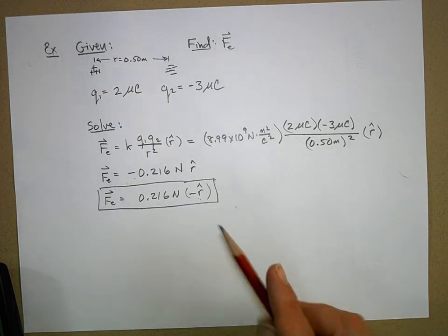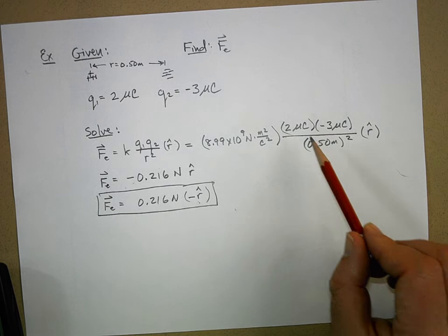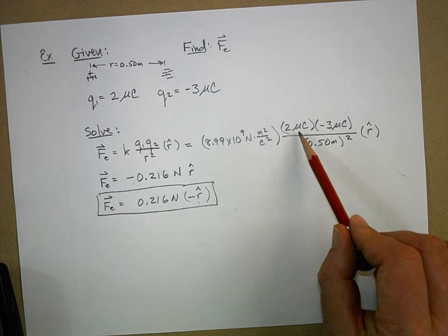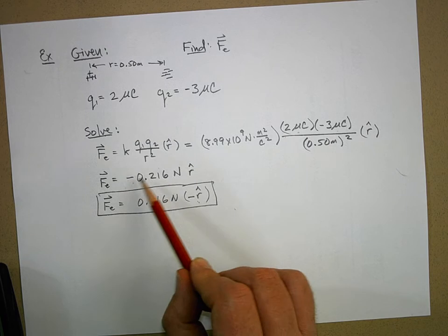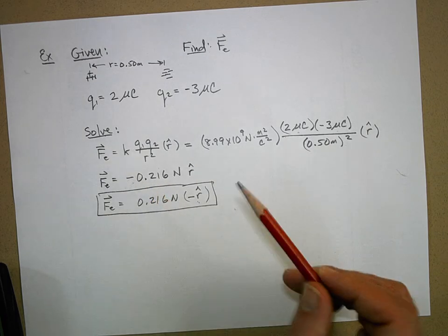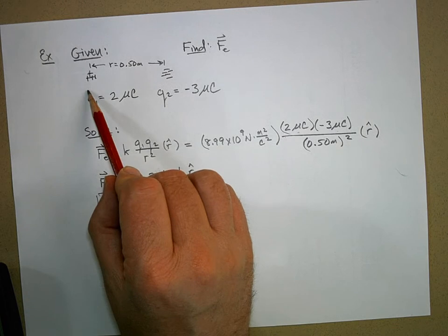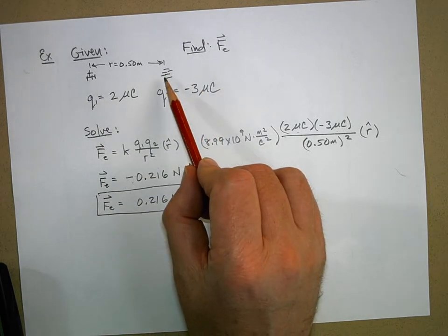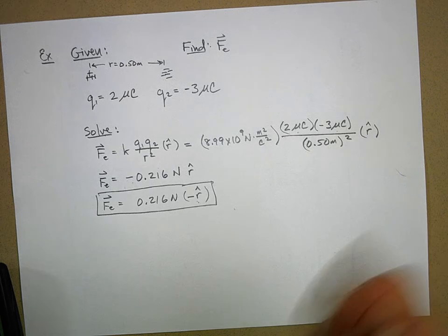But it still works, because notice that this was a positive charge and this was a negative charge. That gave me a negative answer. That means that it's attractive. I mean, what would happen if they were both negative? If this was -2 and this was -3, what's a negative times a negative? Positive, so they're going to repel.